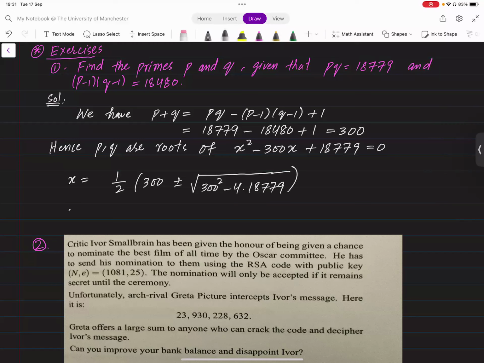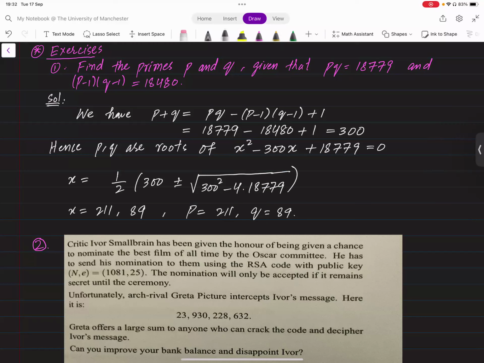By using this, x is 211 comma 89. So you can say P is 211 and Q is 89.